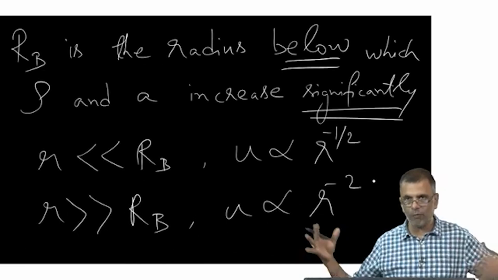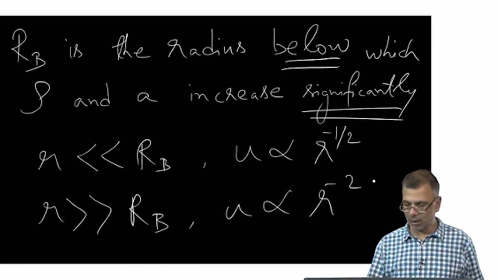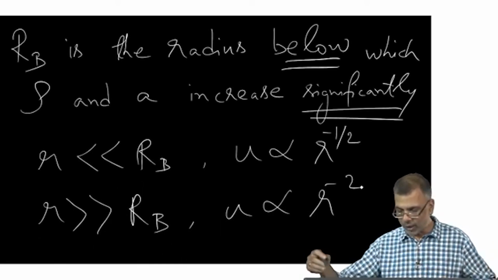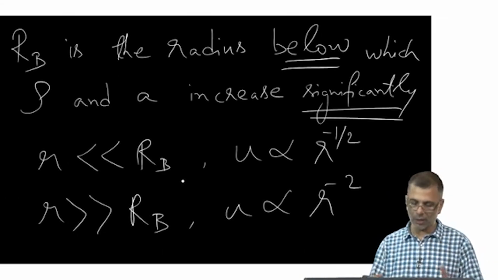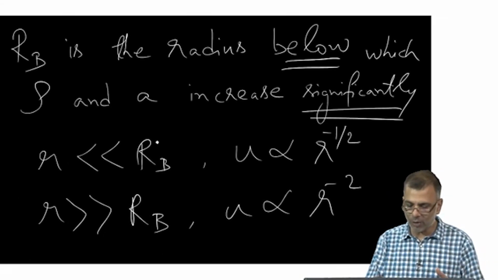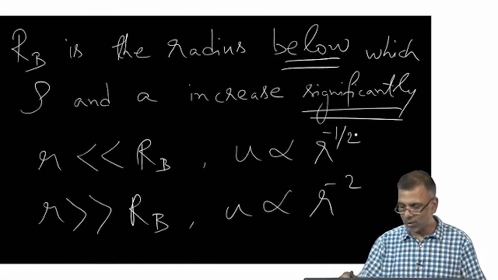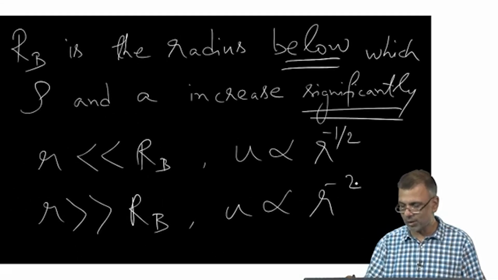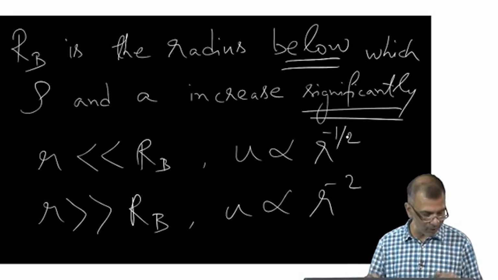You have infall, and it's falling in at a certain rate, but by the time you cross this accretion radius, the infall rate sort of slows down. This is a sharper exponent than this one, right?